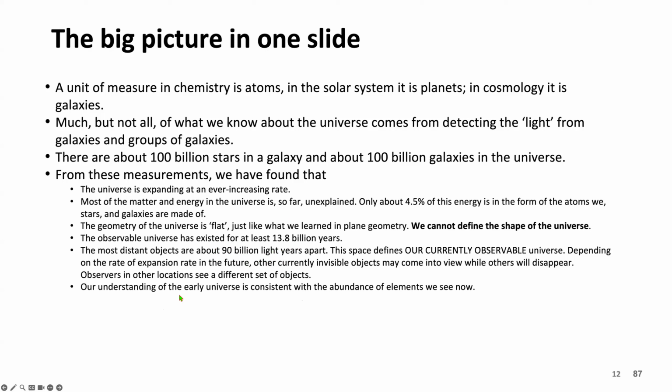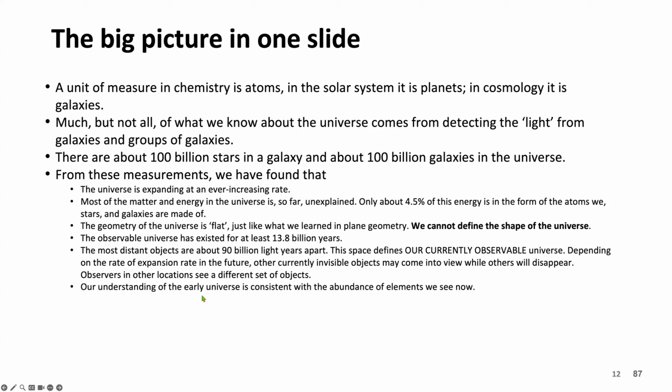We do have a model of the early universe, and it is consistent with what we observe among these galaxies that we look at, that the predictions we derive from our understanding of nuclear physics are consistent with an early universe, this age, with this fraction of the energy in the universe invested in atoms.